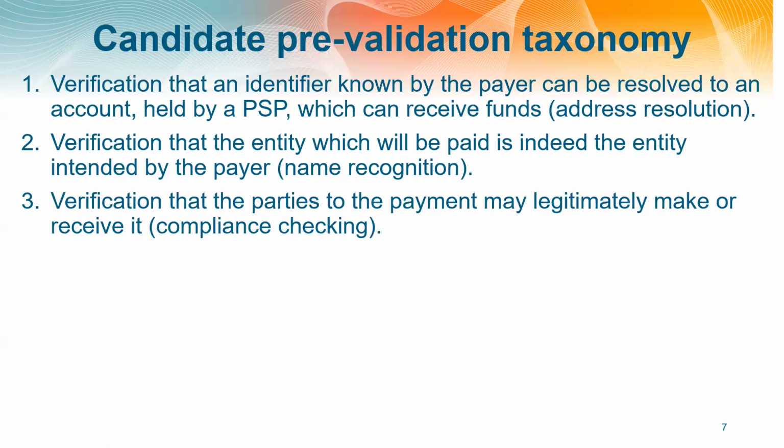Next, verification that the parties to the payment may legitimately make or receive it. That's compliance checking, and you will often hear it referred to under the term FATF Recommendation 16, which is a recommendation about combating the financing of terrorism and money laundering.